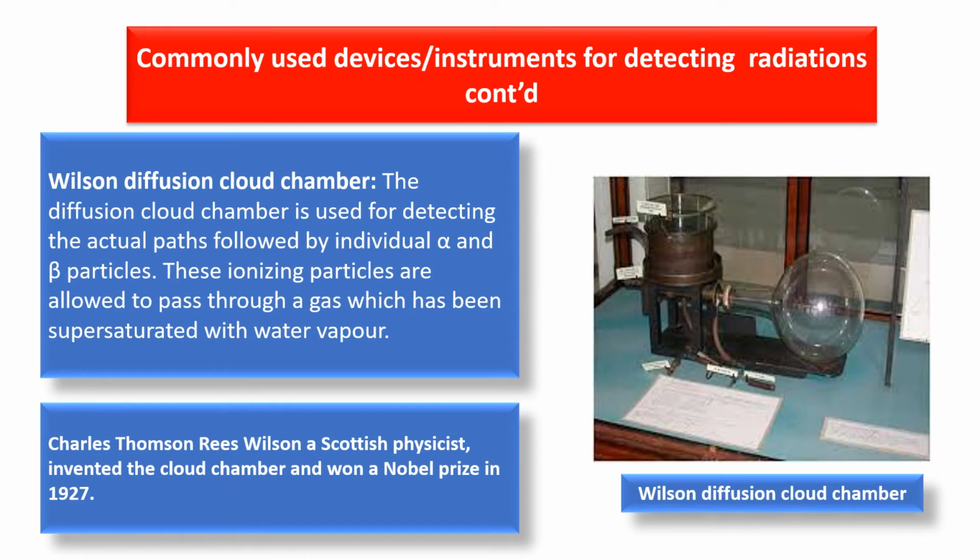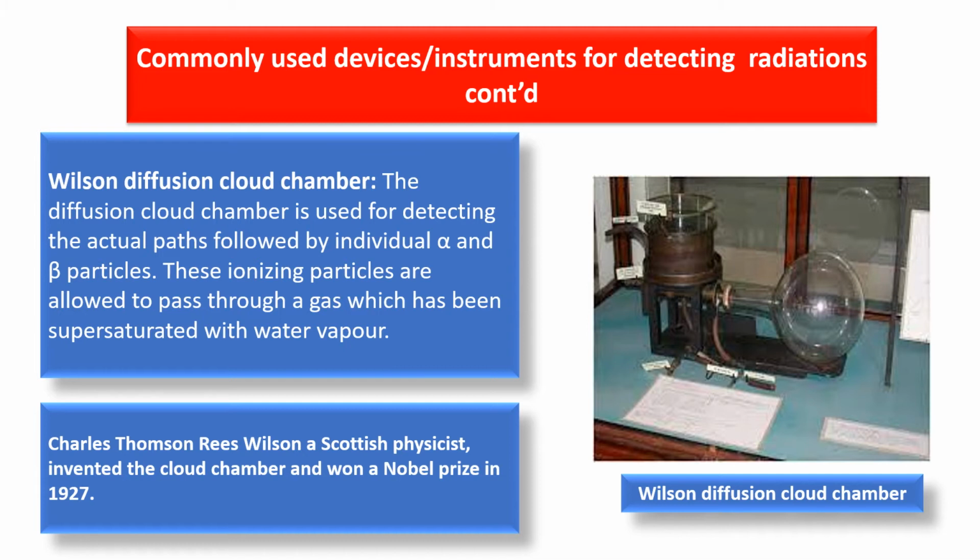The Wilson diffusion cloud chamber is another device that is commonly used for detecting radiation. It was invented by Charles Thomson Rees Wilson, a Scottish physicist, and this man also won a Nobel Prize for inventing this cloud chamber in 1927.